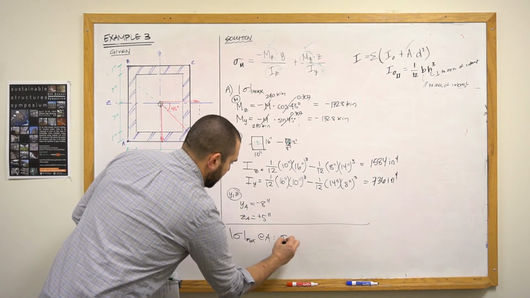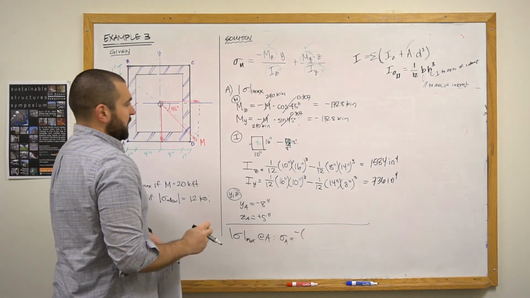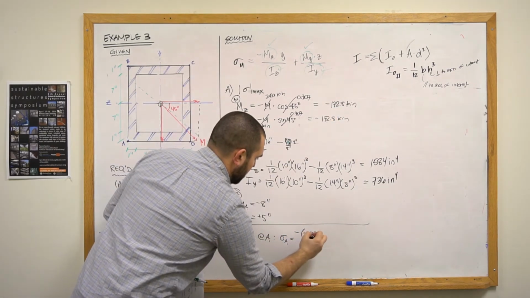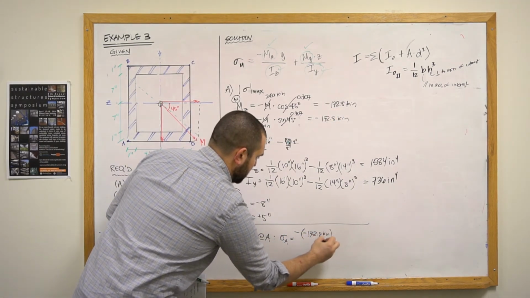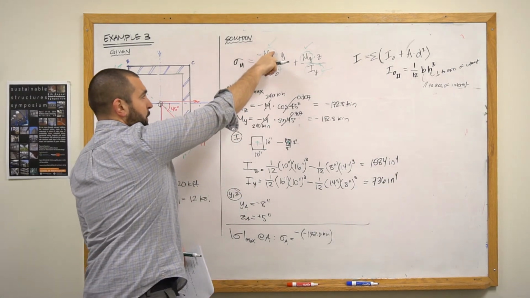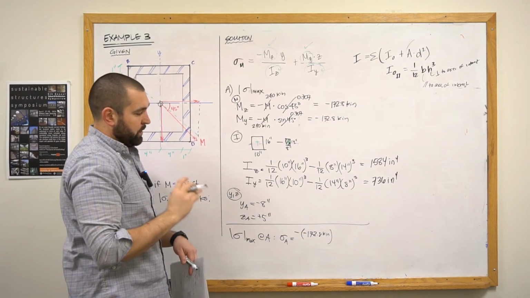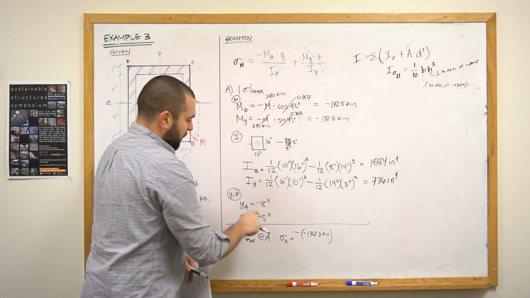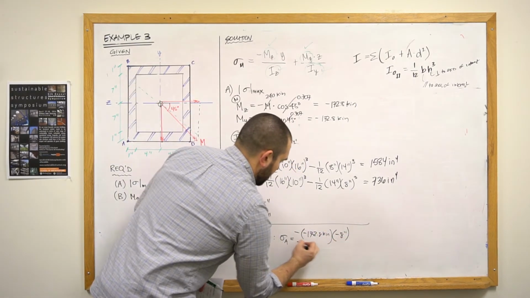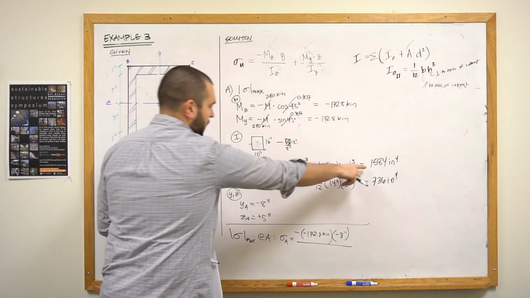And so I'll say sigma A equals negative Mz. Mz is negative 172.8 kip-inches. And remember what I did here, there's a negative out here times Mz, so I have a negative times Mz, which is also a negative, so just keep in mind the signs are really important. My y coordinate is -8 inches. The moment of inertia is always a positive value. We calculated that earlier for Iz.